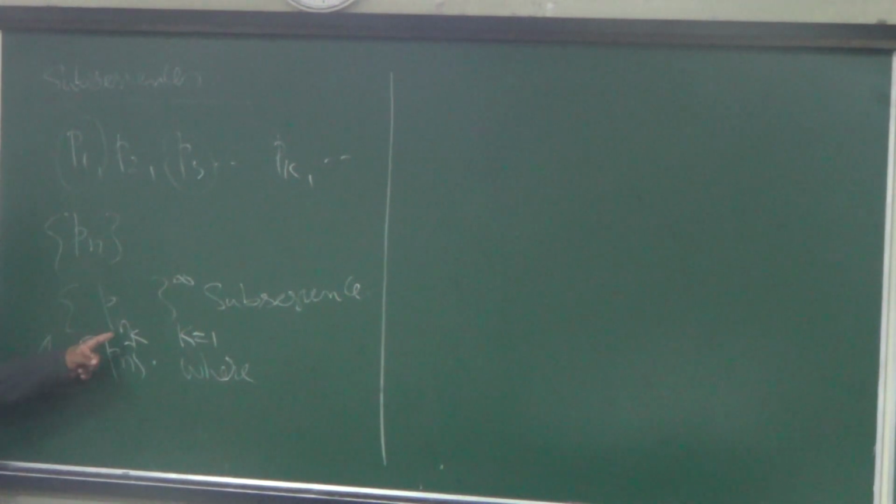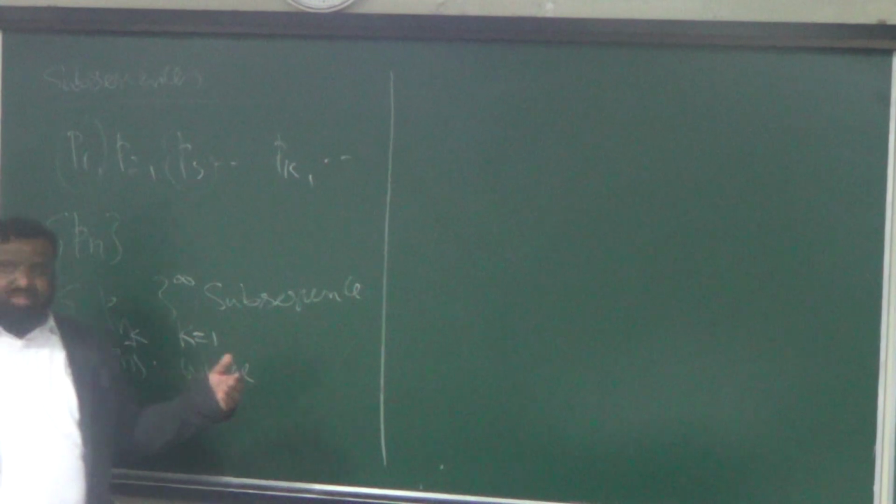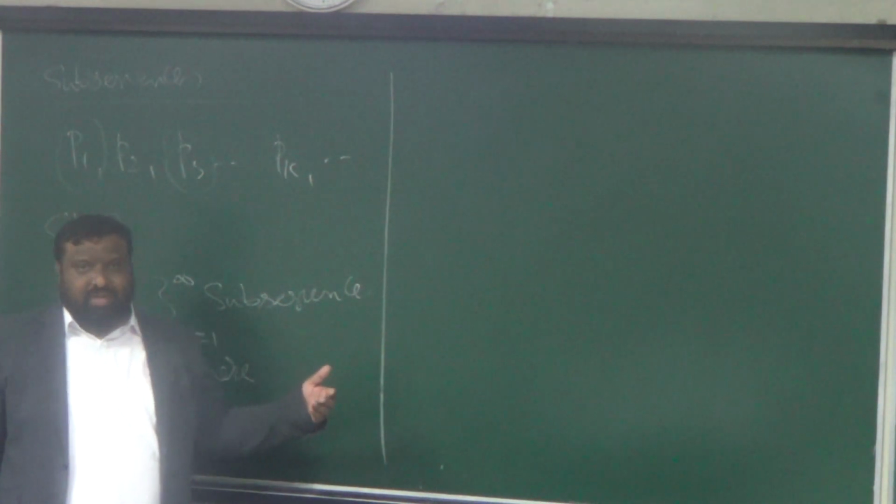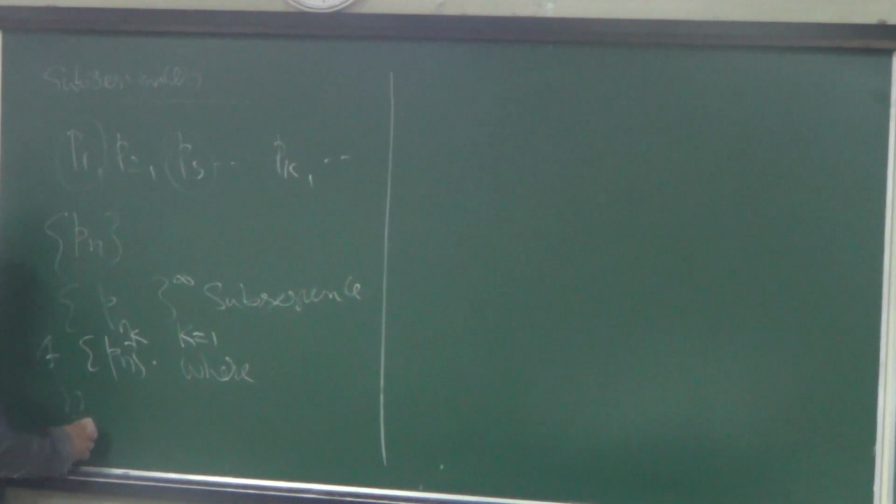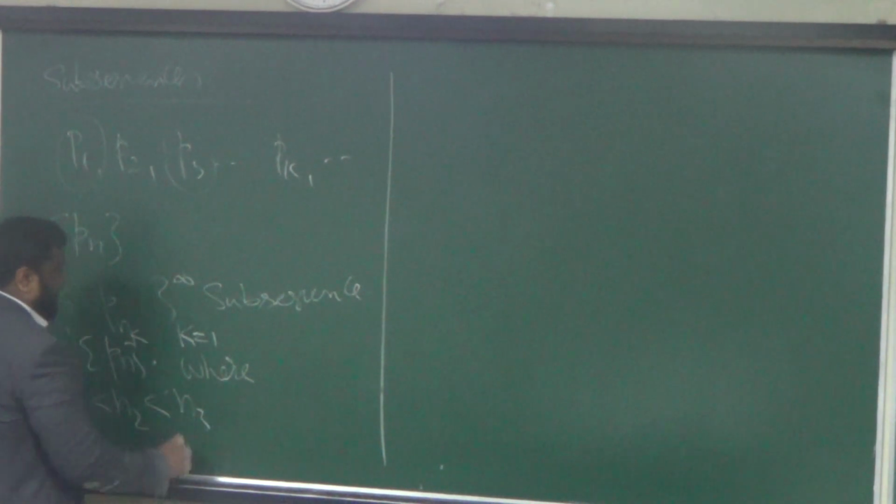Where n_k is what? These indices should have a similar property which these indices have. Here you have 1 which is smaller than 2, smaller than 3 and smaller than 4. So how about here? Here we should have n1 smaller than n2, smaller than n3 and so on.